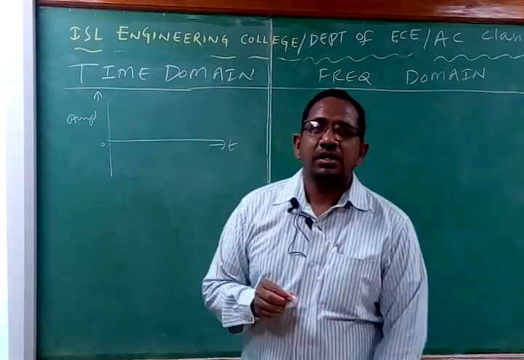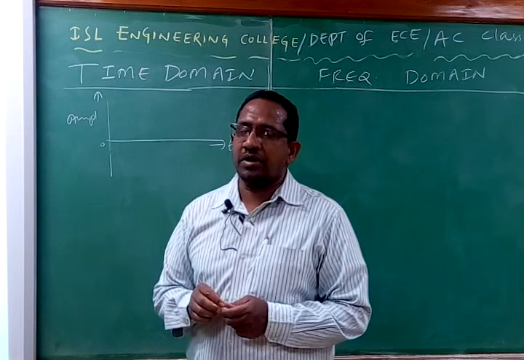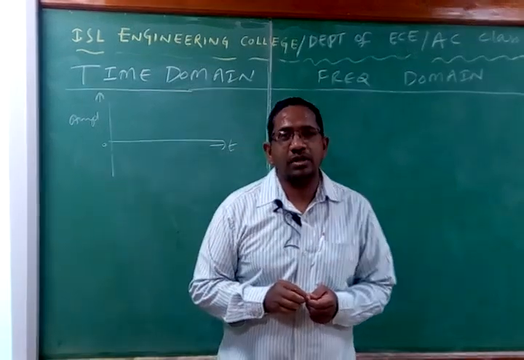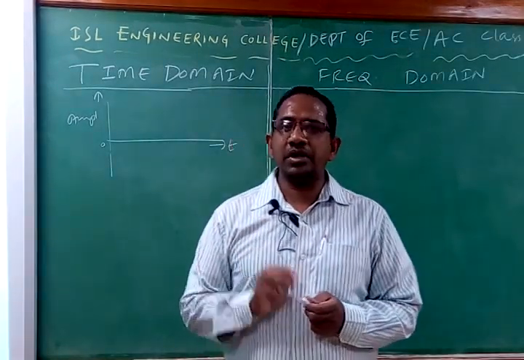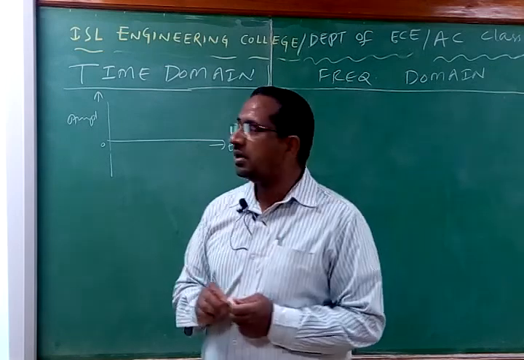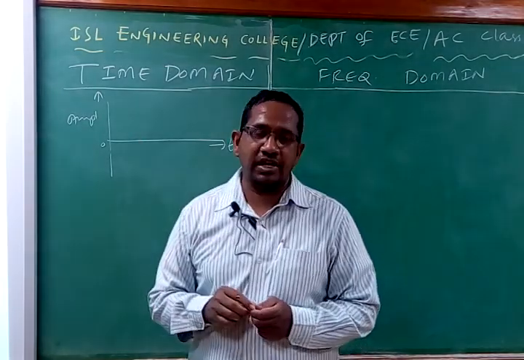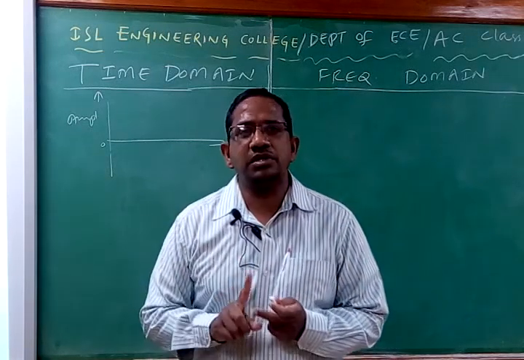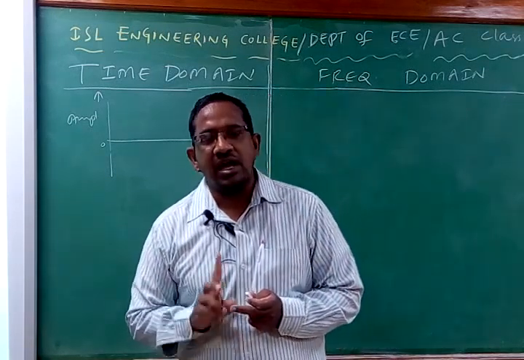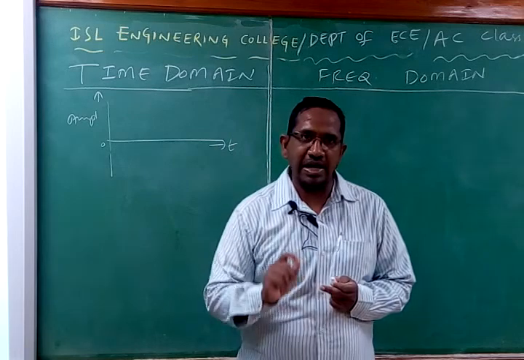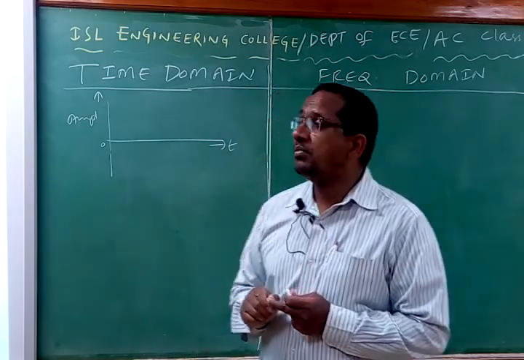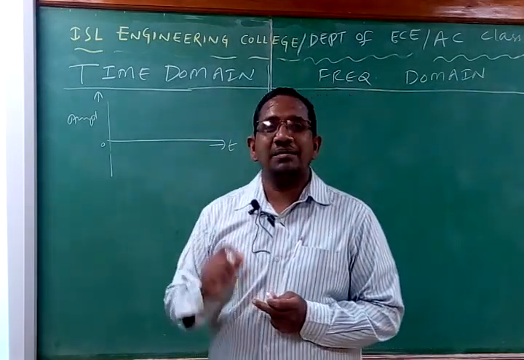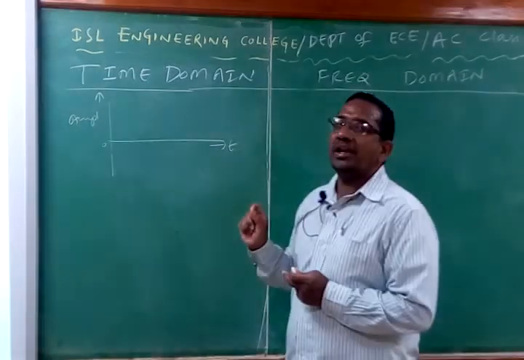Now three things are very, very important, as I mentioned already. What are the three things? There are three important terminologies involved in modulation techniques: the modulating signal, the carrier signal, and the modulated signal. What do we mean by modulating signal? The message signal is known as the modulating signal.